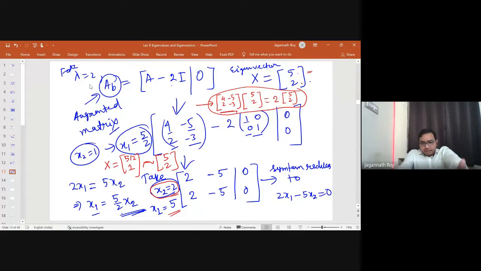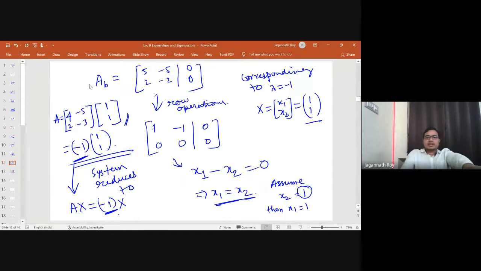It is given. But if you look at the other situation, here the matrix A is 4, minus 5, 2, minus 3. If you look at this vector (1, 1), A times (1, 1) is actually minus 1 times (1, 1).